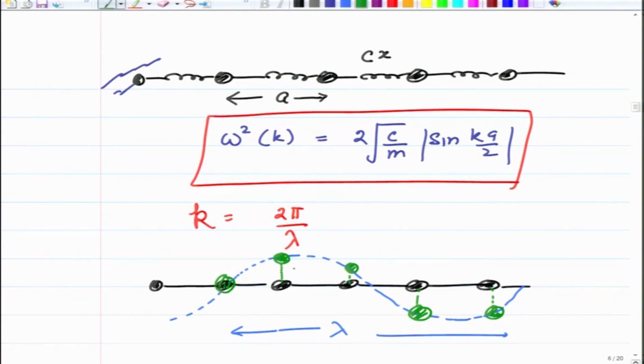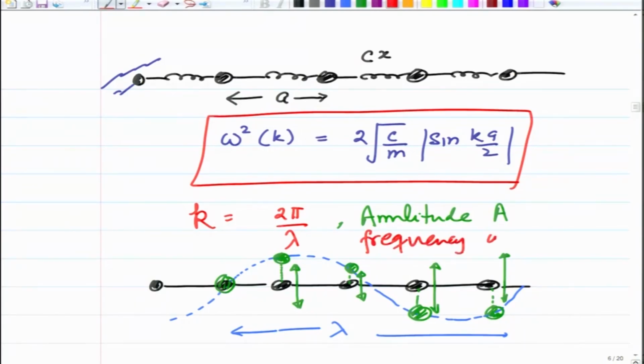They would be oscillating back and forth, with the amplitude A and frequency omega, with omega given by this formula out here.